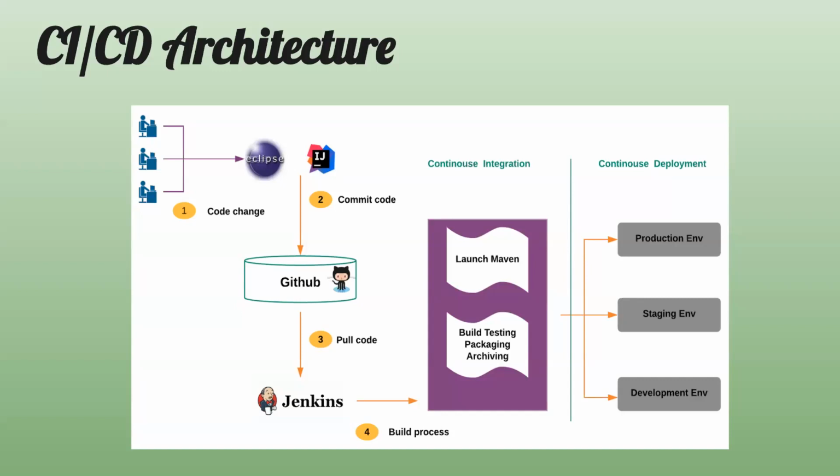So continuous integration simply means the developers can continuously commit their code to GitHub, and a build tool will pull that code automatically, go through a build process, and deploy it into different environments.